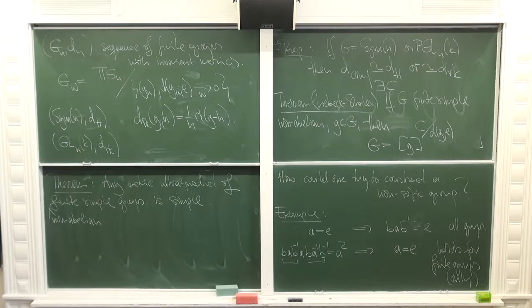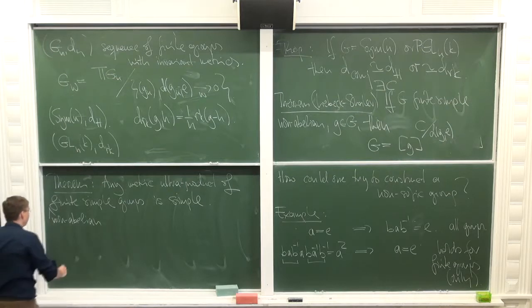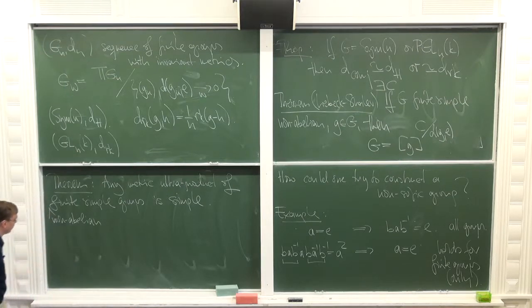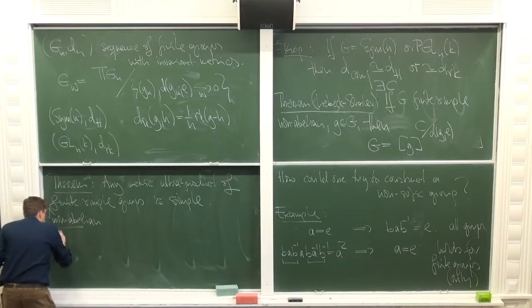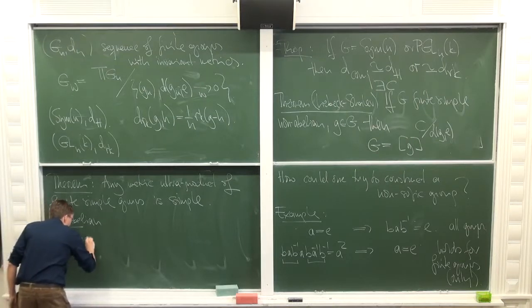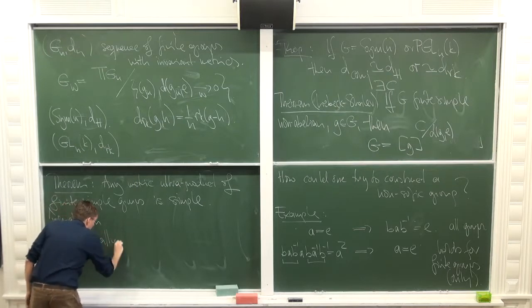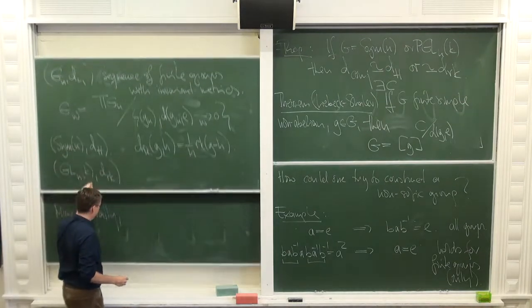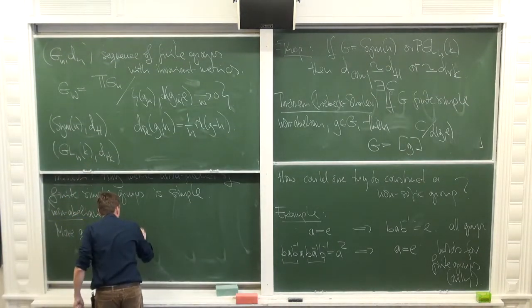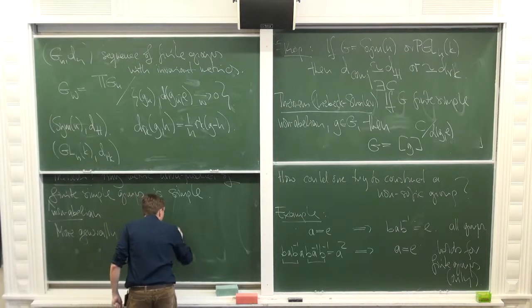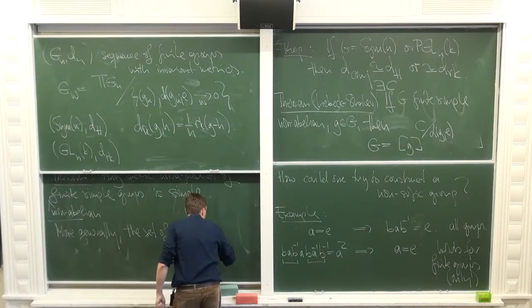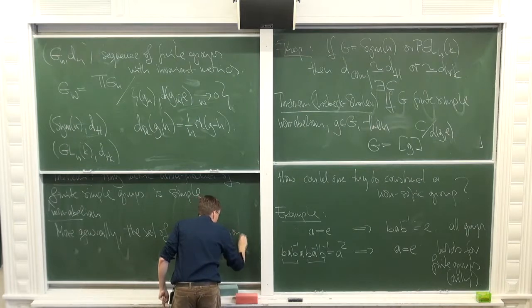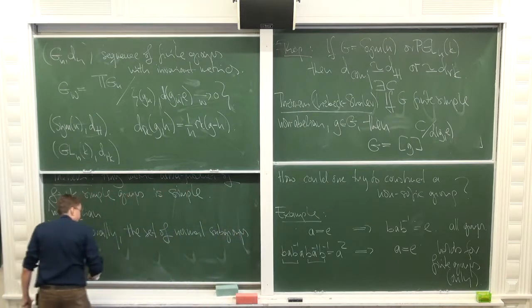In fact, you can say much more from this theorem of Liebeck and Shalev. You can actually describe, more generally, the set of normal subgroups of the usual algebraic ultraproduct.